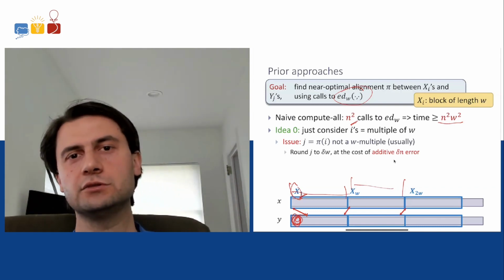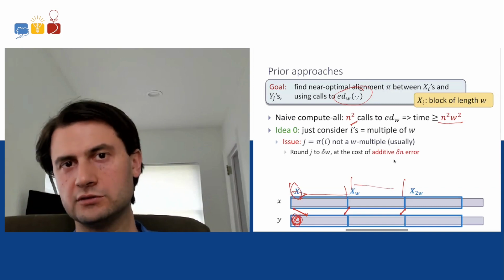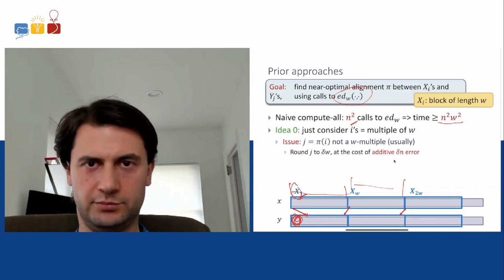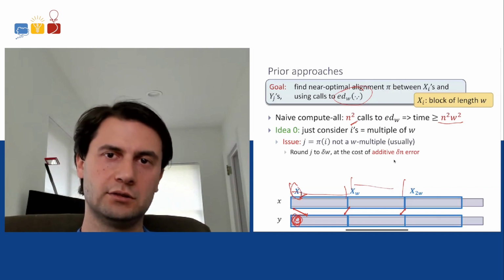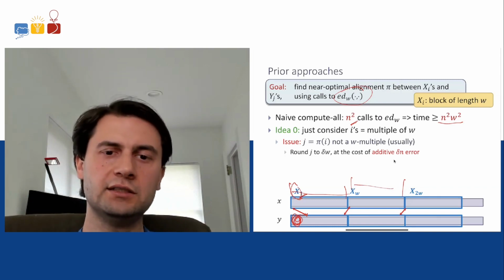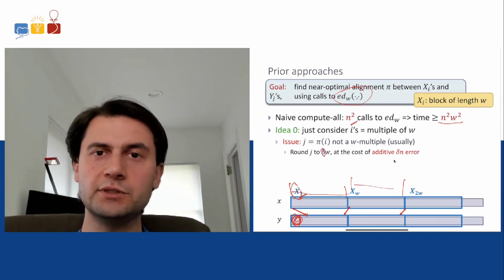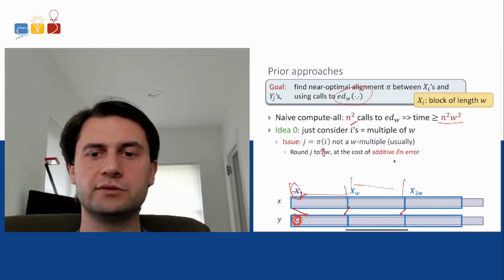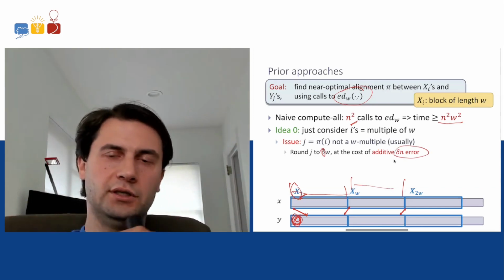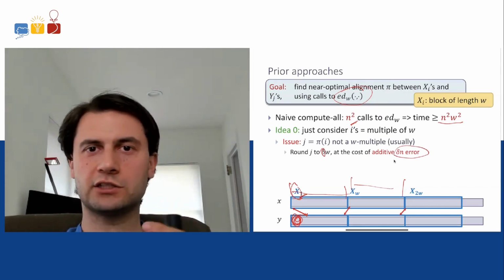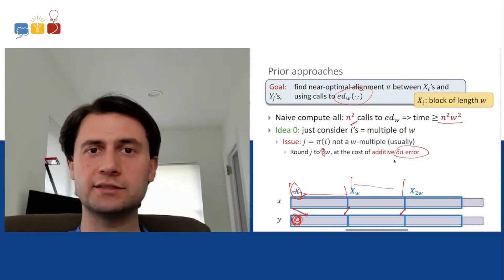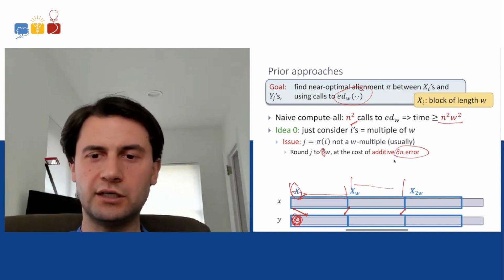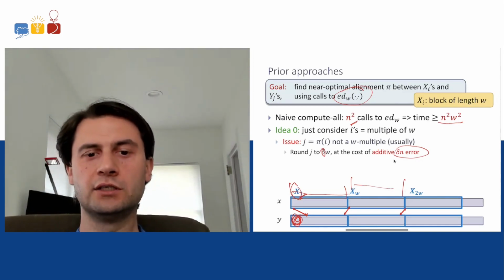In particular, let's consider all the y blocks that start at integer multiples of delta w, where delta is some small parameter. The effect is an additive delta error, and this comes from all these roundings. It's not hard to prove using standard edit distance properties that you can do this rounding, and this will be the additive error.